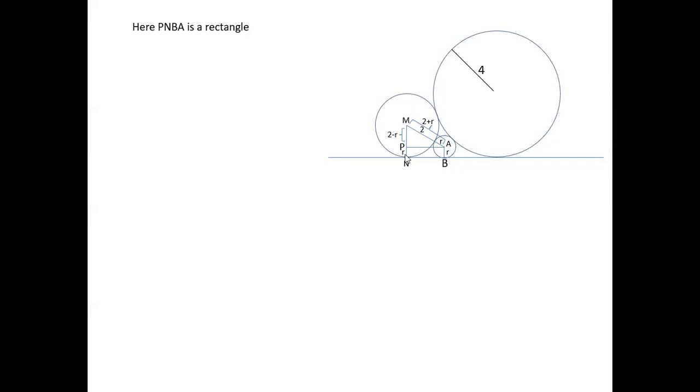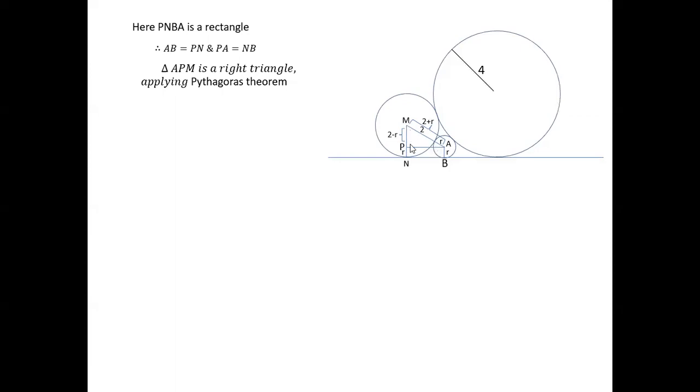PNBA is a rectangle. Since this is a rectangle, AB is equal to PN and PA is equal to NB. Opposite sides are parallel and equal, as you know the property. Now this triangle, that is APM, is a right triangle.